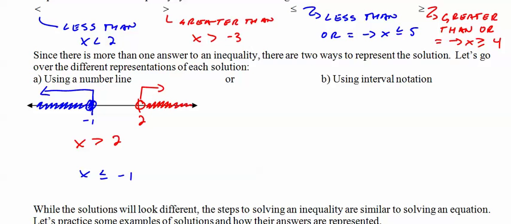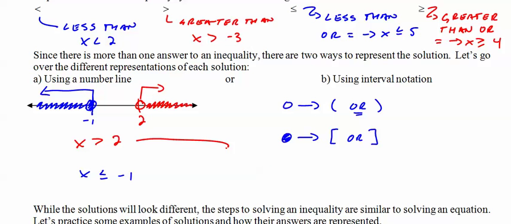So how about with interval notation? An open dot for interval notation is a curvy parenthesis. A closed dot for interval notation is a bracket. It's just the way it's done. There's no rhyme or reason. So x is greater than 2 will be 2, and then it goes greater forever out to infinity.